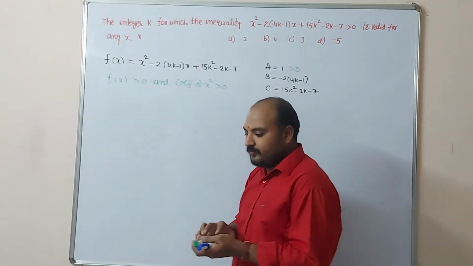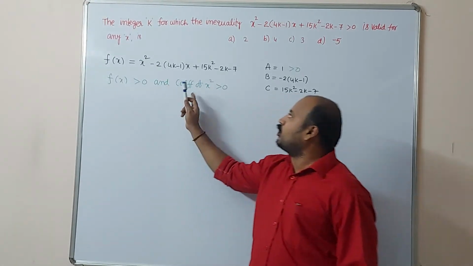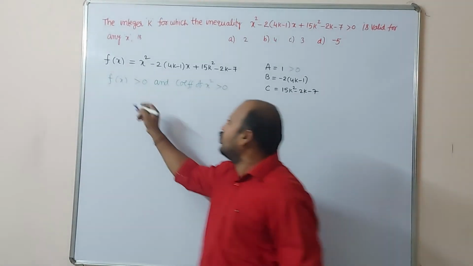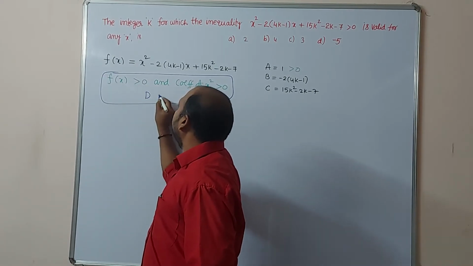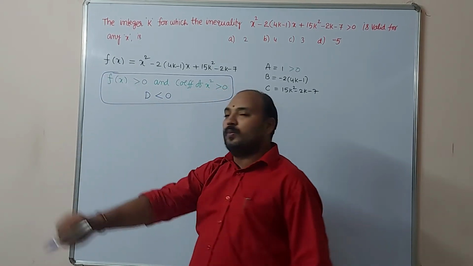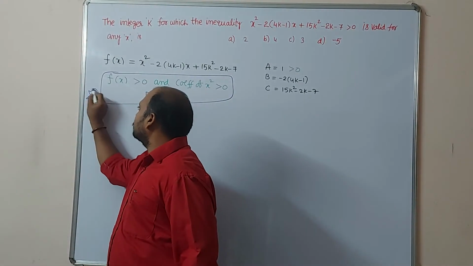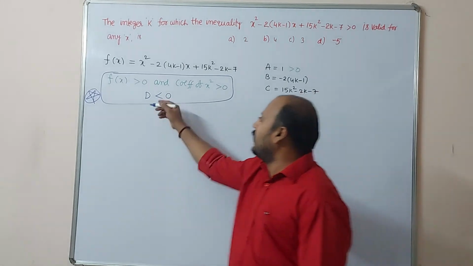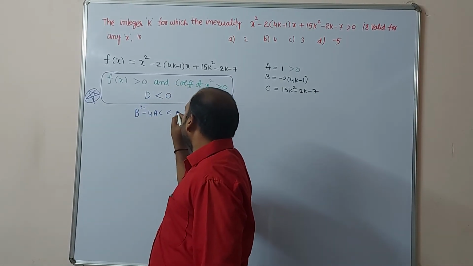We know that f of x expression is greater than 0 and coefficient of x square is greater than 0. It represents discriminant is less than 0. This is very important point, dear students. So discriminant means b square minus 4ac is less than 0.